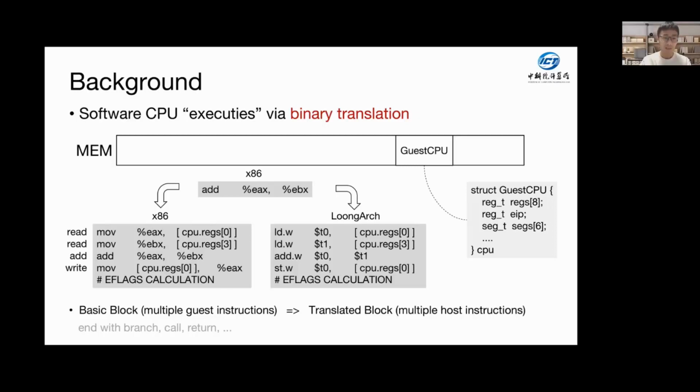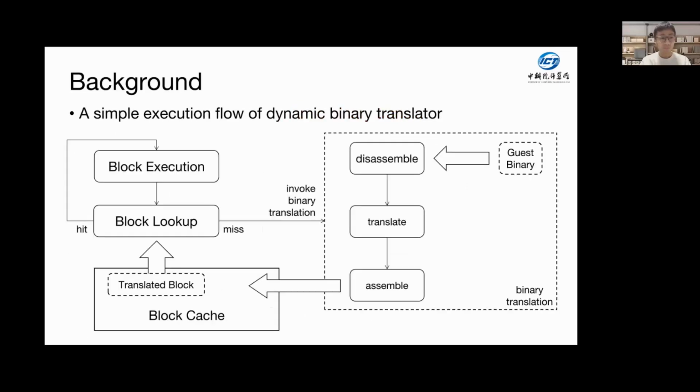The register's value is read from the memory and the add operation is performed. Then the results will be stored back to the memory. Multiple guest instructions can be translated together to form a translated block. The execution of the guest is emulated by the execution of translated blocks.